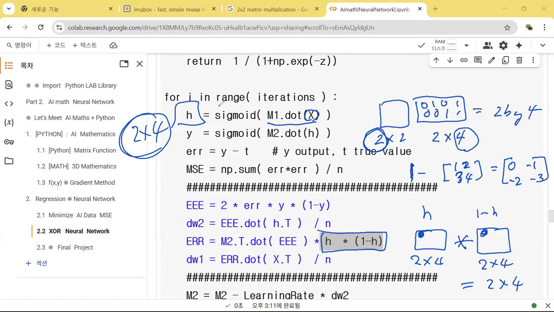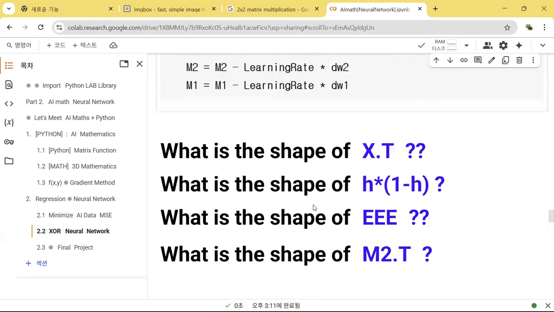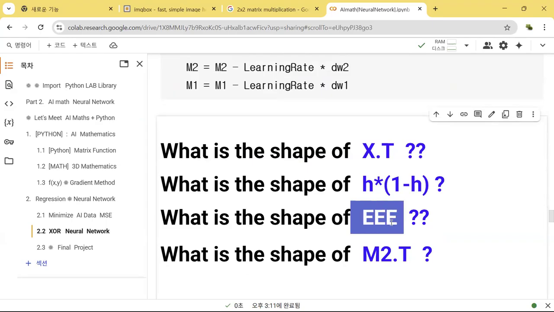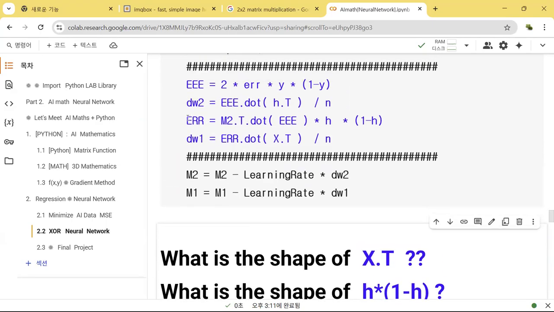Likewise, once you understand this code, try to see the size of each object, okay? What is the size of this one and E, D, W, something like that. So from this code, this problem just asks the size of the object in this Python code.